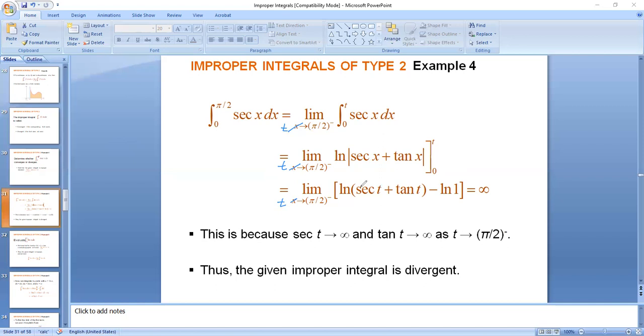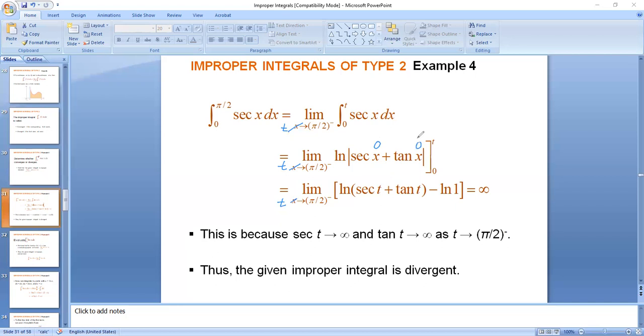So we'll have the ln of secant t plus tangent t. You replace the x by t. And then second, substitute 0. So ln of secant 0 plus tangent 0, and the answer is 0. How do you know that? You just substitute the secant of 0 and the tangent of 0.